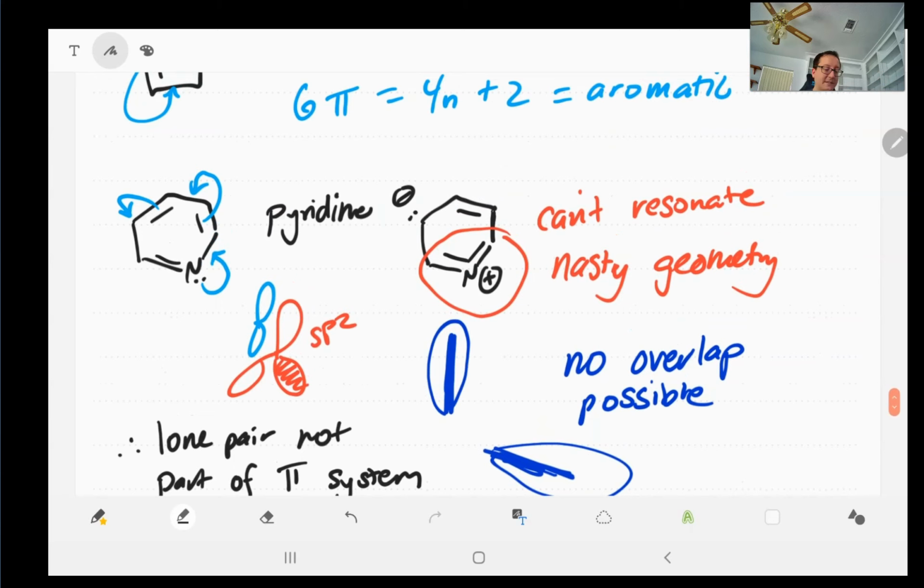So we might think, okay, we've got this lone pair here, but that lone pair can't go in there. So we are only going to count our double bonds, and we are still going to have an aromatic compound. So we've got two reasons why we can't count that lone pair. If we did, then it would be 8 pi electrons, and we would have an anti-aromatic system, but we don't, luckily.